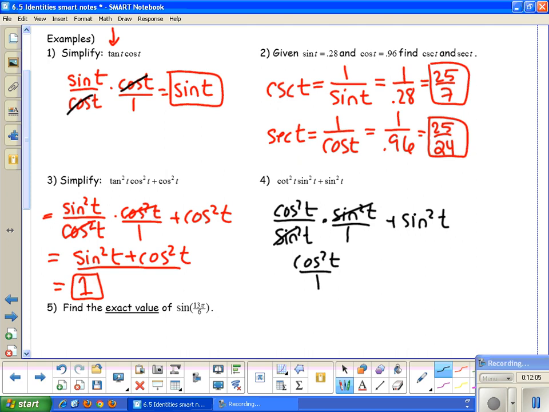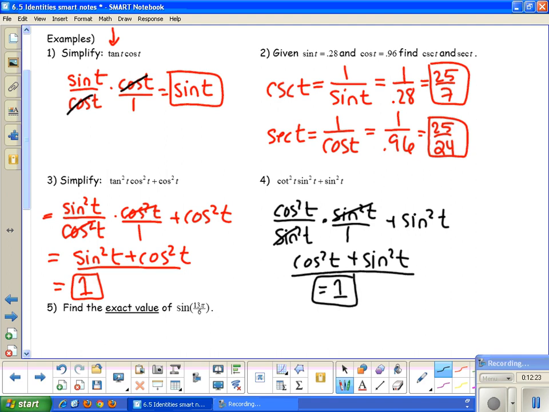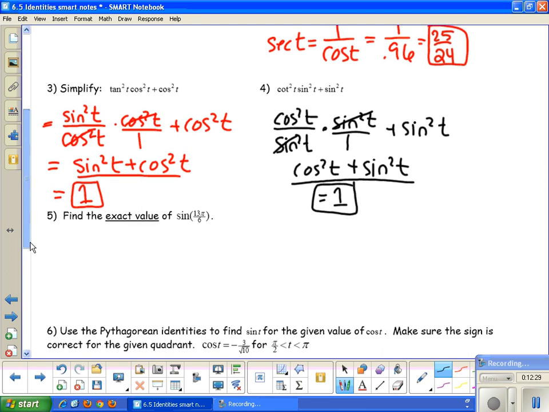I don't really even need that 1 right there, so I'll just go ahead and erase it. And then we have plus sine squared t. And again, right here, this is my Pythagorean identity, so that's equal to a value of 1. And again, when you're simplifying these, you're trying to see if you can get it into one term using the identities that you have memorized.